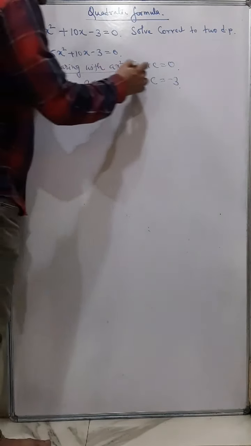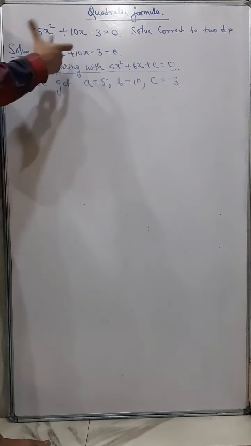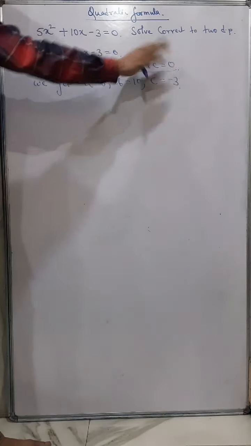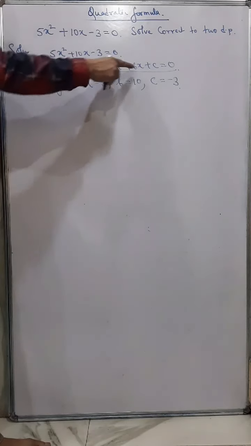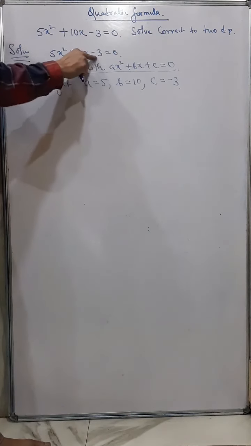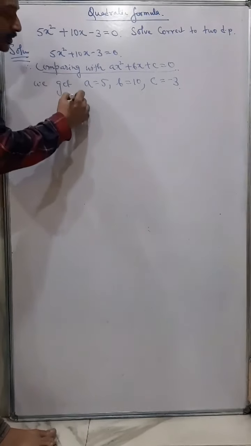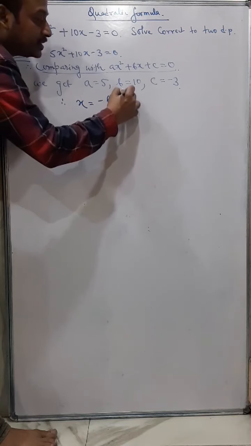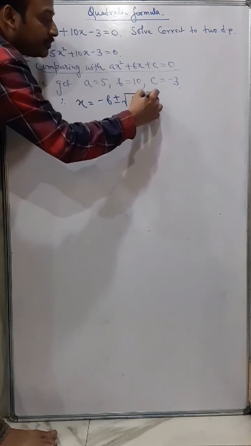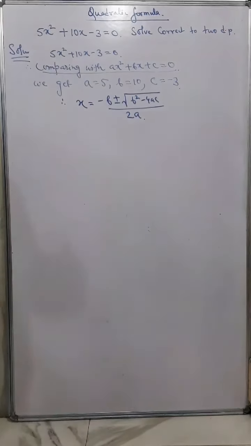This line you have to always write, comparing with ax square plus bx plus c equals 0, in every sum. If you don't write it, marks will be deducted. After comparing, you can understand the value of a is 5, b is 10, and c is minus 3. Now we'll put the values there. First we'll write the formula, x equals minus b plus minus root over b square minus 4ac by 2a.